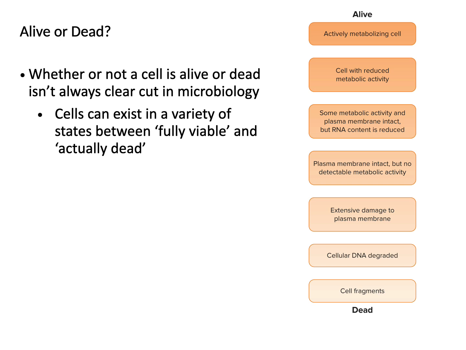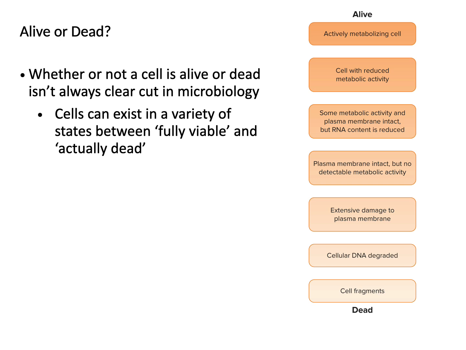Especially in microbiology when we're talking about a single cell, right? So we can have a cell that just basically takes down metabolism a notch, right? So it reduces its metabolic activity. We would still recognize that as being viable and alive, right? But we could decrease even additional metabolic activity. Its plasma membrane would still be intact.